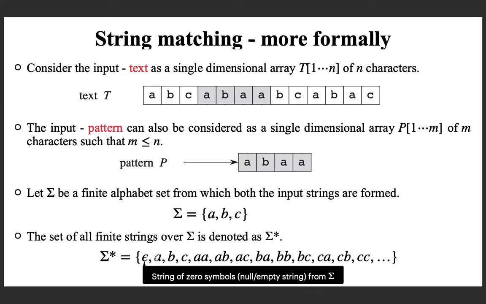No symbols are there, so it is a notation. A string of no symbols followed by strings of 1 symbol followed by strings of 2 symbols. Likewise, you can list them in a lexicographic order if you want. So that is the set of all possible strings over an alphabet set, that is concatenation of 0 or more symbols from the character set or alphabet set. If you don't take any characters, then you are getting the null string.